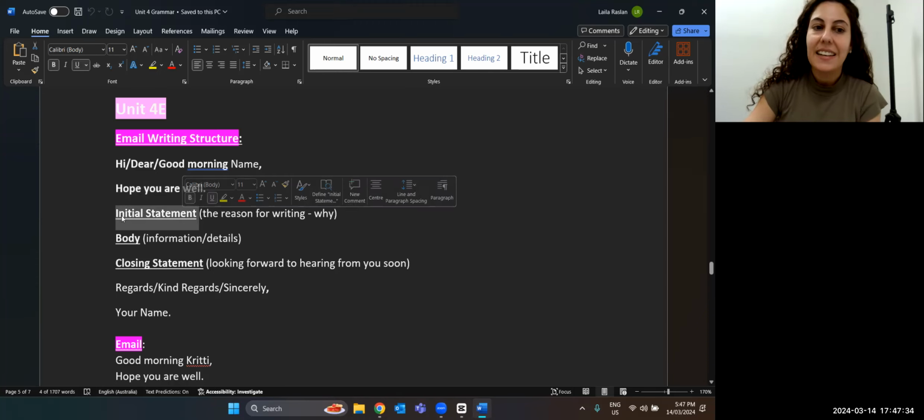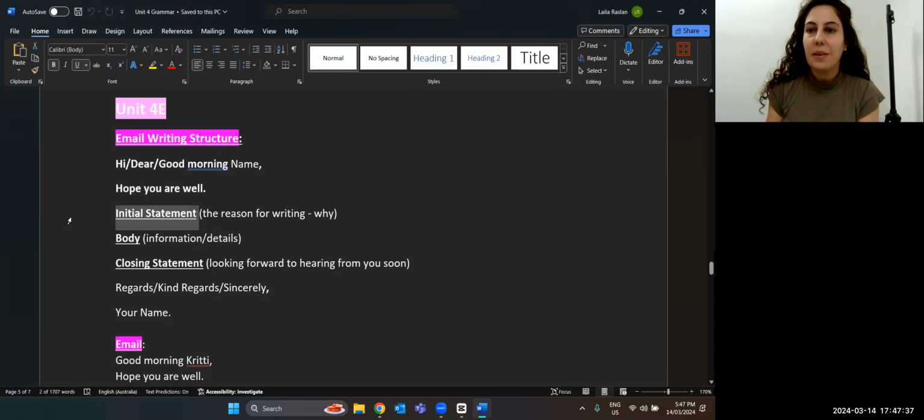Then you need to say an initial statement. Now, an initial statement is, why are you writing the email? So you don't want to give lots of details. You just want to say something like, I'm writing this email so I can get some information about the course that I've seen online, or I'm writing this email to apply for the job that I've seen advertised on seek.com.au, or I'm writing this email to make a complaint about something, or I'm writing this email because I need to return a product which is not good, or I'm writing this email, whatever.